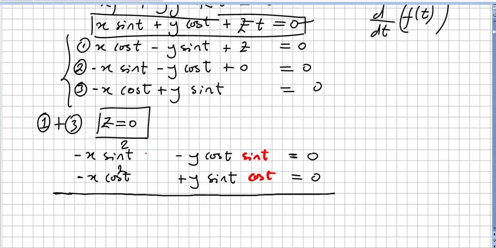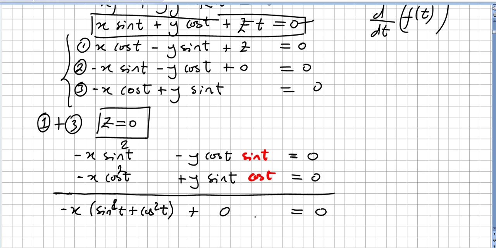Now I think there is no mistake here, so I'm going to add them. So I will get minus x times sine squared t plus cosine squared of t, and here I will get a 0.